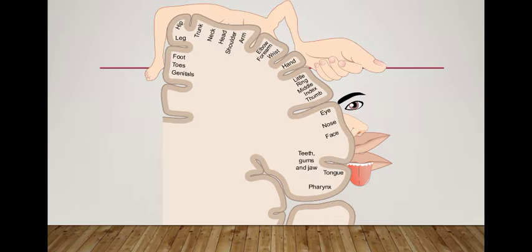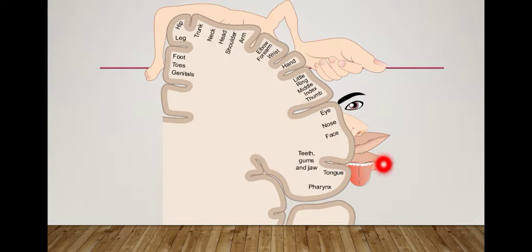So this is a picture of the homunculus, which in Latin means a little man, because there's a diagrammatic representation of a little man all along the surface of the cerebral hemisphere, and this is actually the representation within the primary motor area. And also there's a sensory homunculus in which there's representation of the primary sensory area.